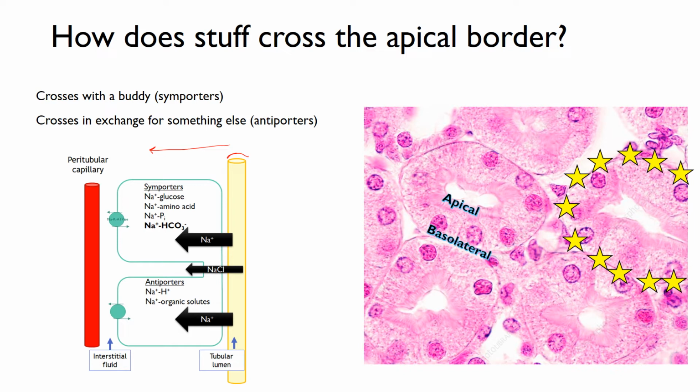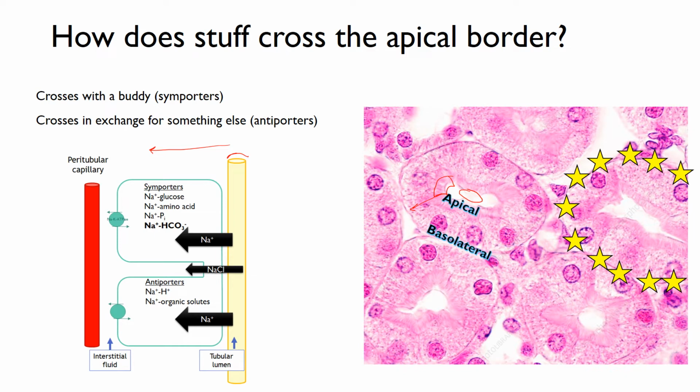In our graphic over here on the right with the histology slide, that means that to get reabsorbed, something is moving from the apical side or the lumen side. It's going to cross the border, get across the cell, and then get reabsorbed across the basolateral side. So we're going to focus first on this apical membrane and what happens there.